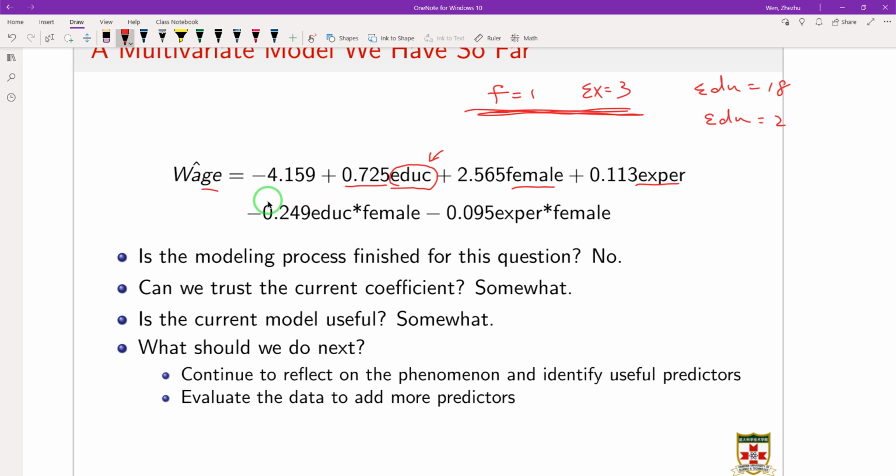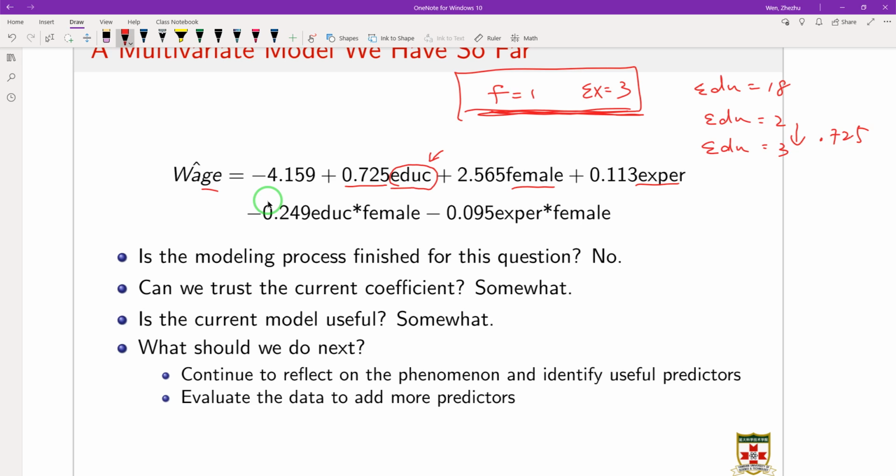The interpretation goes like this: given other variables remain the same, a 1 year increase in education accompanies a $7.25 difference in terms of how much they make in an hour.